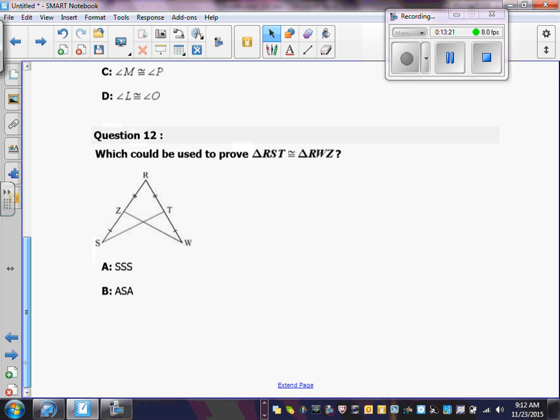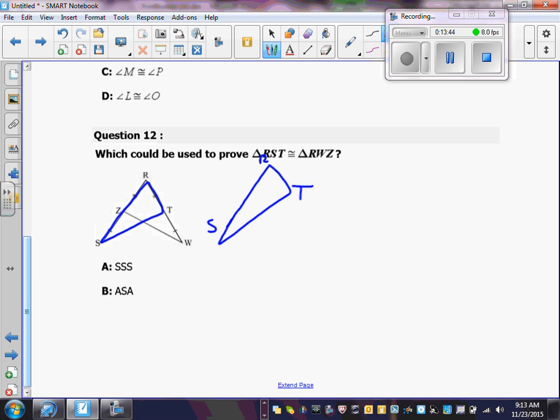All right, another overlapping triangle. You won't see it on this test, but just for your knowledge, the best thing to do is separate the triangles. So I have RST, so R here, S, and T would be here.